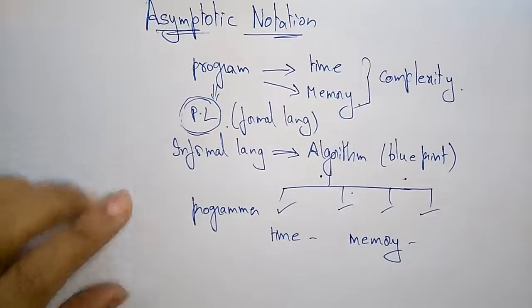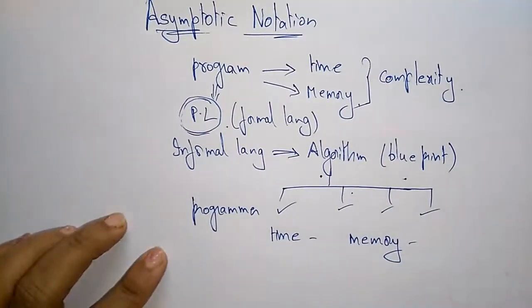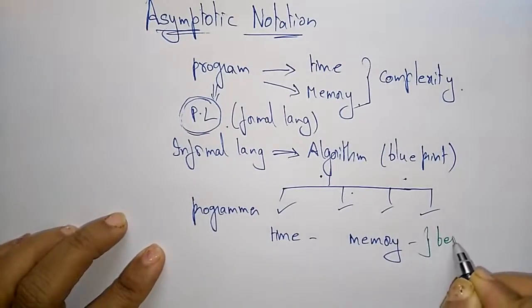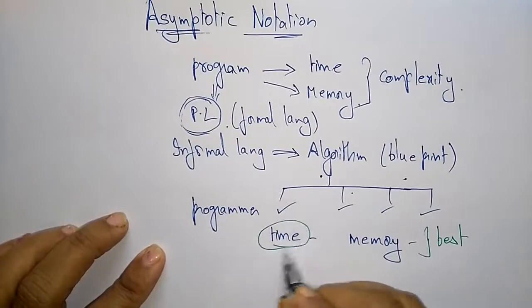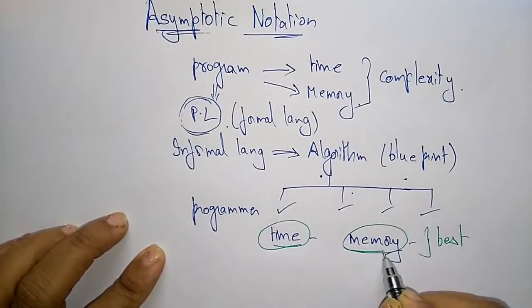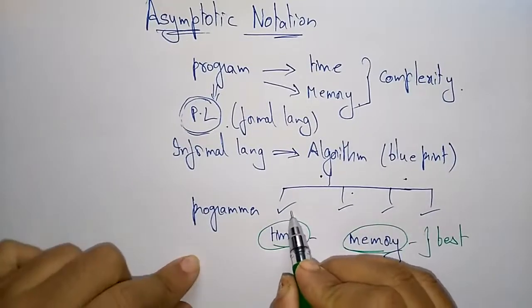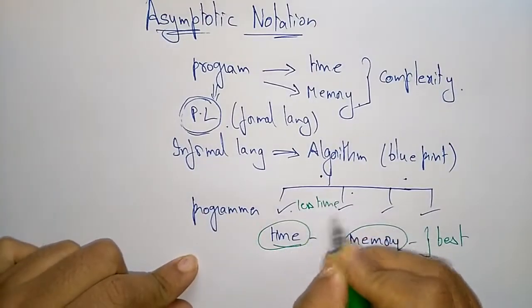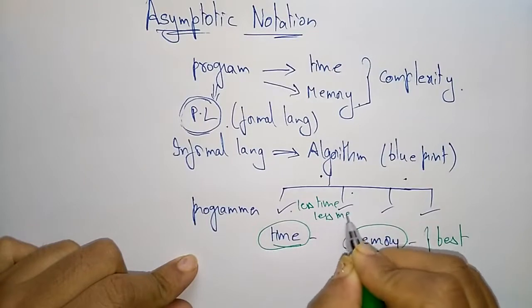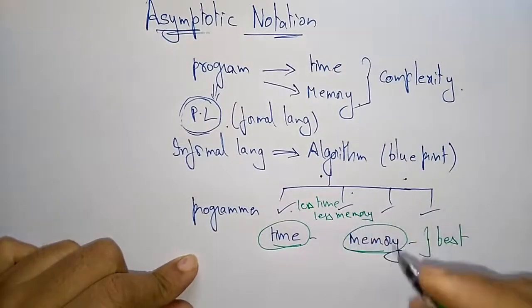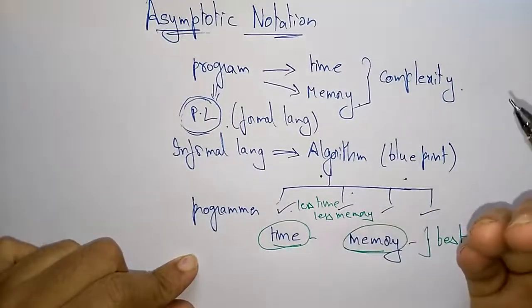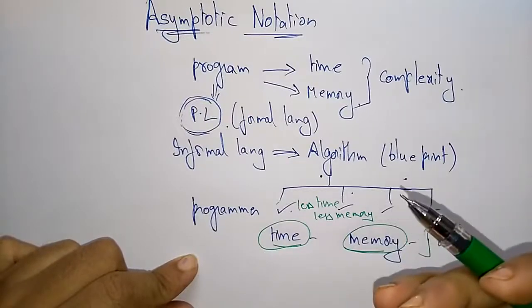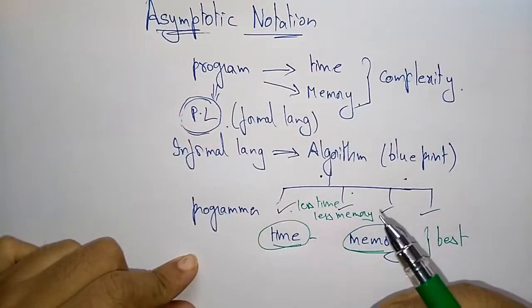The best algorithm can be chosen based on time and memory. The algorithm that takes less time and less memory can be selected as the best algorithm, and that will be implemented for writing the programming language.